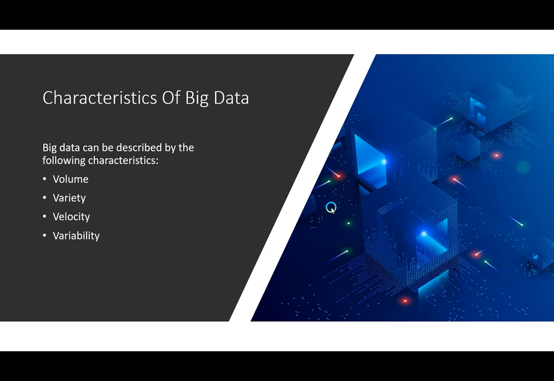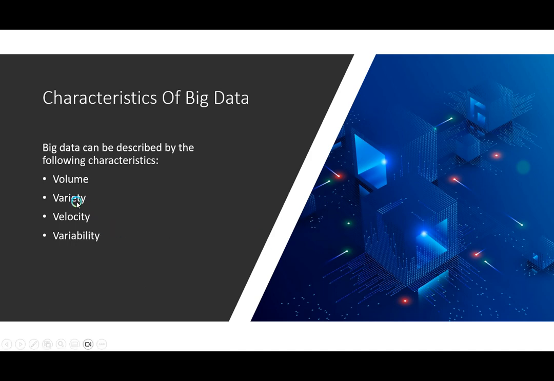So we have volume. You already know that big data is huge in size, so these should be terabytes or gigabytes of data. Then variety. Variety means that this data is in different forms. For example, we've seen the images and all that.